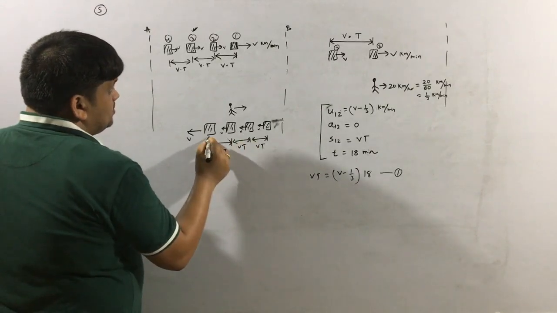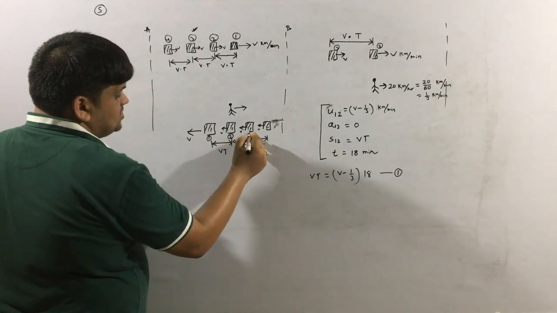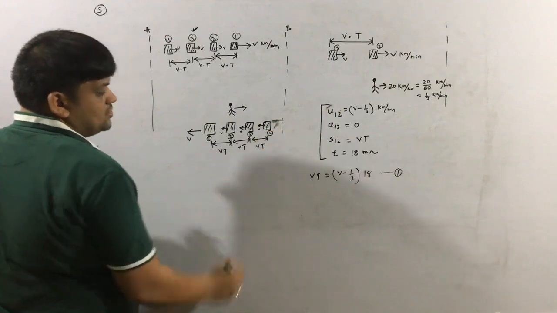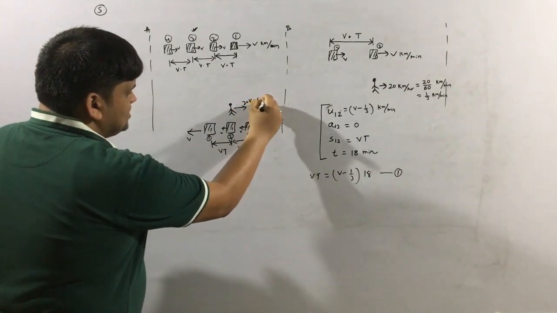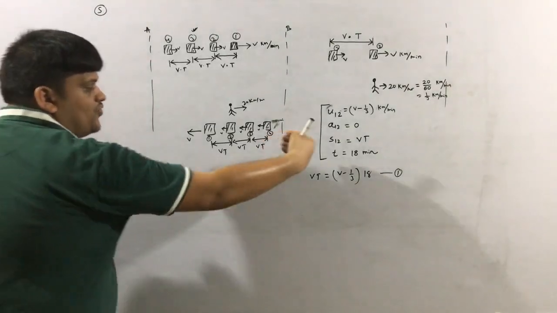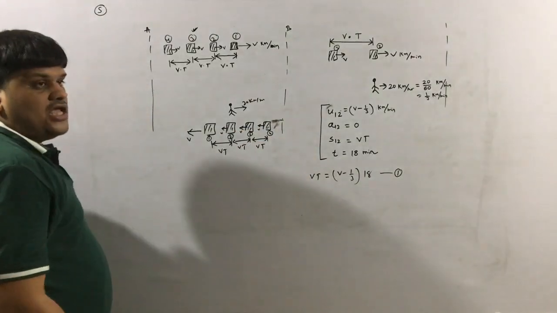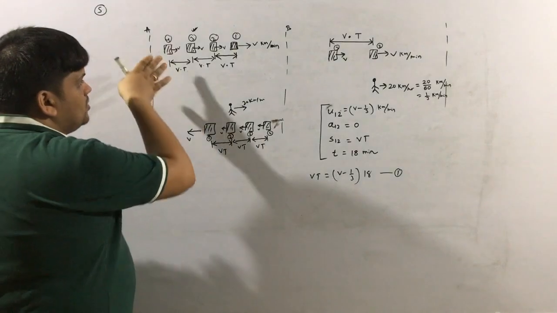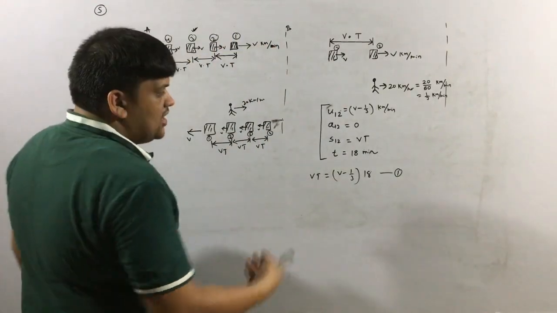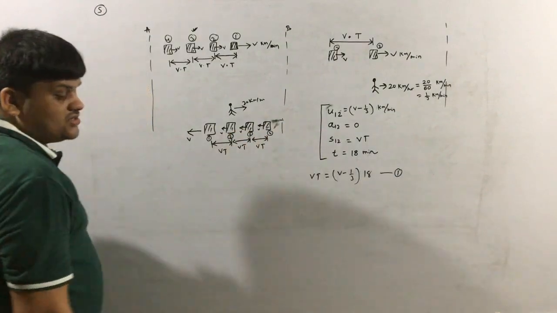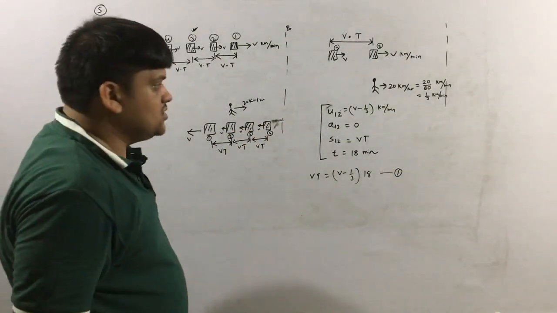Now this is, let us say, first bus, second bus, third bus and fourth bus. Now it is given that the cyclist is going to meet one bus from the direction of B in every 6 minutes. In this direction it is going to meet a bus in every 18 minutes, along this direction it is going to meet a bus after every 6 minutes, okay.